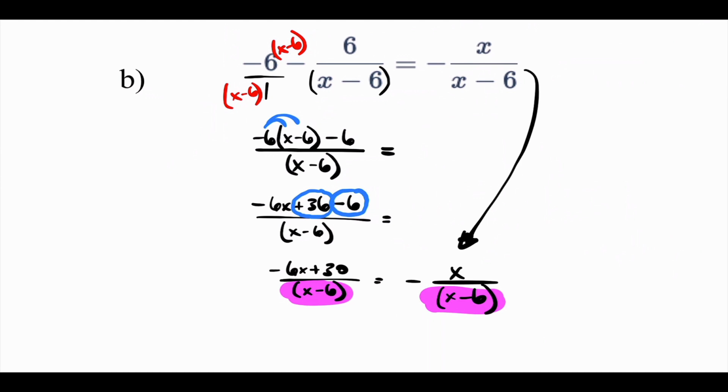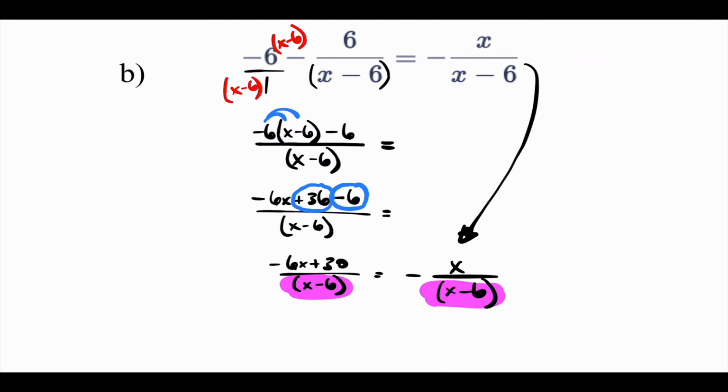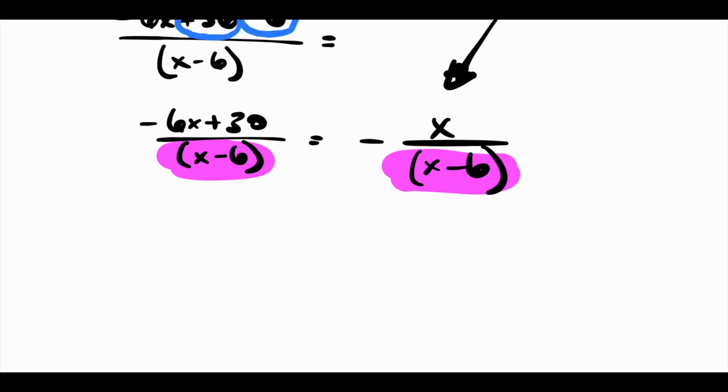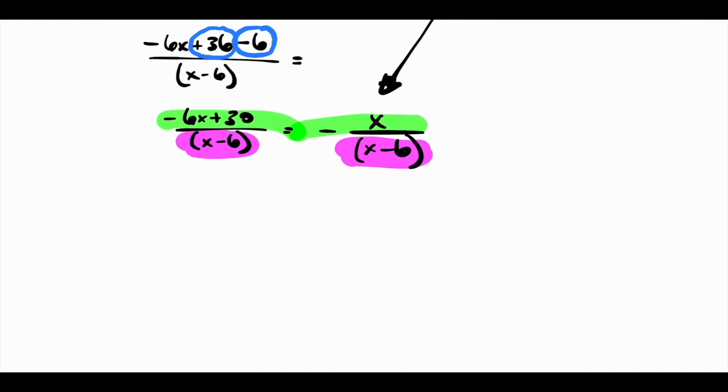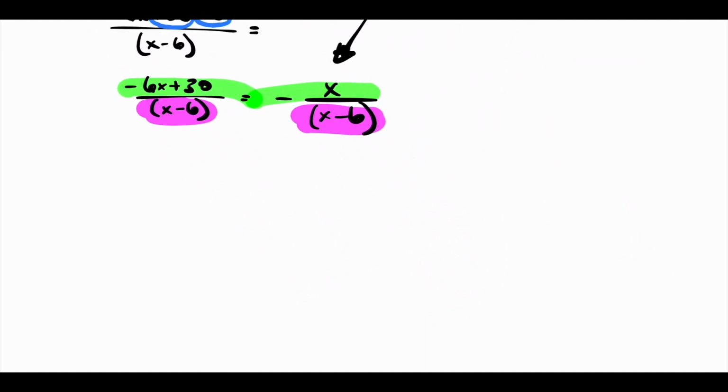But I think it's going to be a lot easier just to use our method we used last time, which was if the bottoms are the same, that means the tops have to be exactly the same as well. So I get negative 6x plus 30 equals negative x. Solve for x.